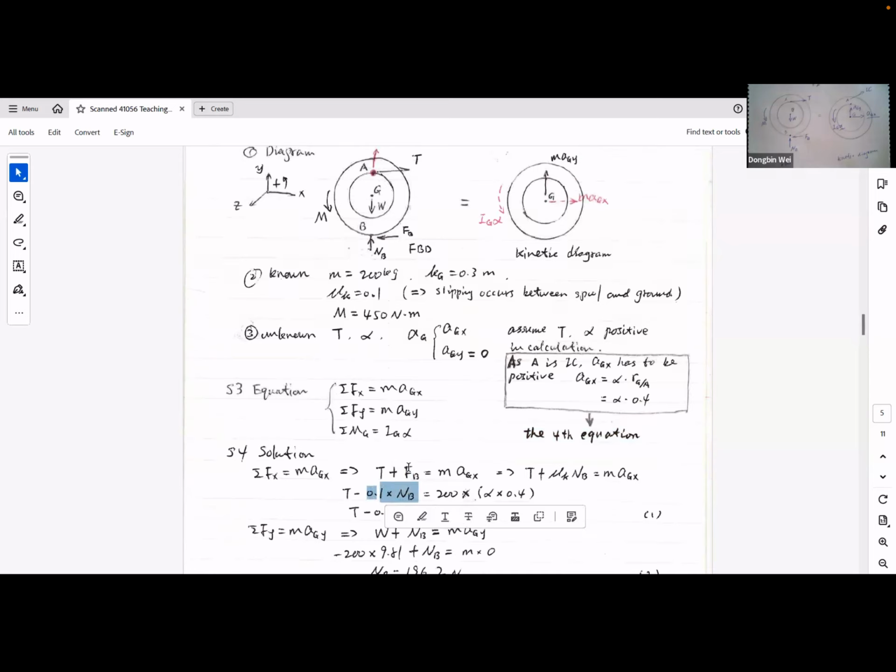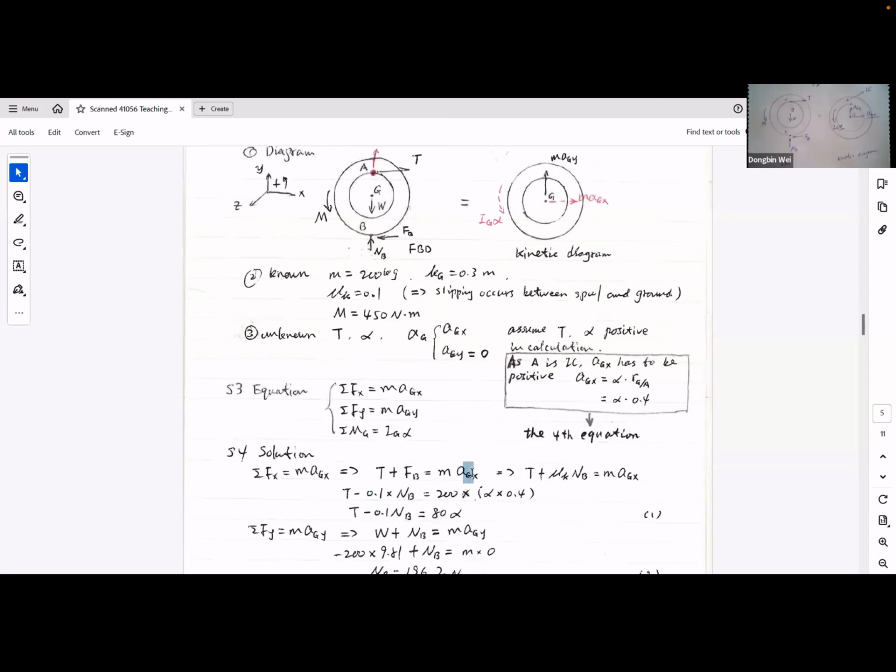So we can express FB using the kinetic friction coefficient 0.1 times the reaction force NB at point B, and before the friction force, we have a negative sign.